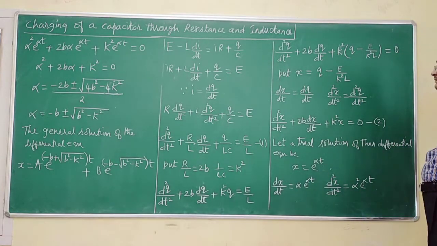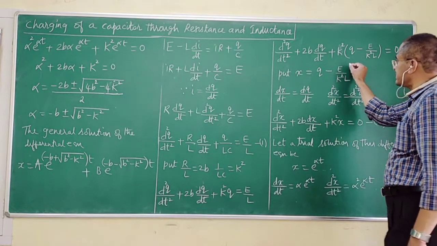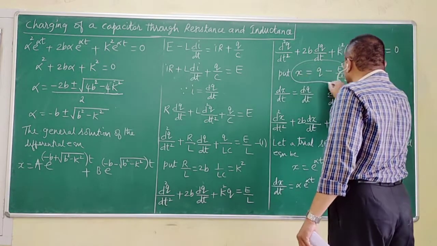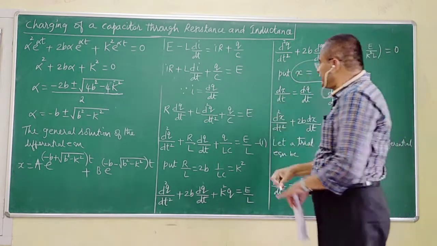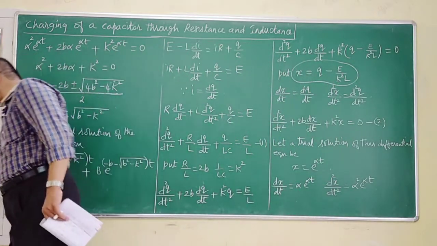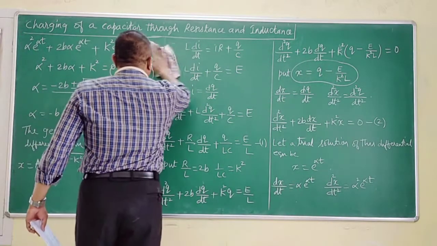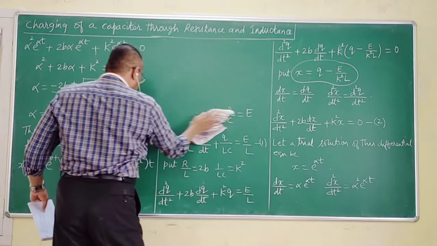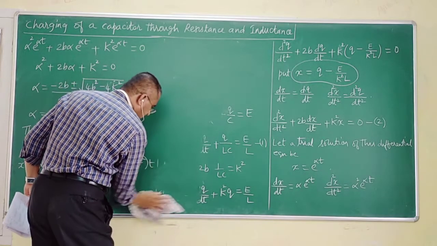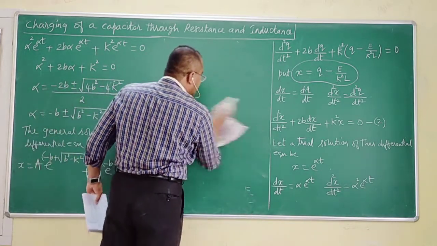Now, where do I go? I go to this expression, right? I will rub this off so that you can see what I am doing. Let me rub this off, this part.